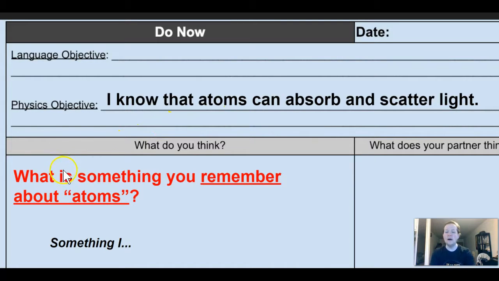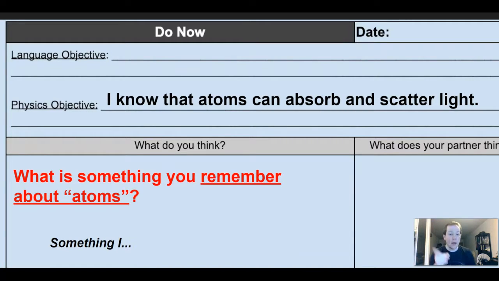It says, what is something you remember about atoms? We talked about atoms a while ago. We learned things about atoms. What do you remember? Maybe what is an atom? What is the size of an atom?